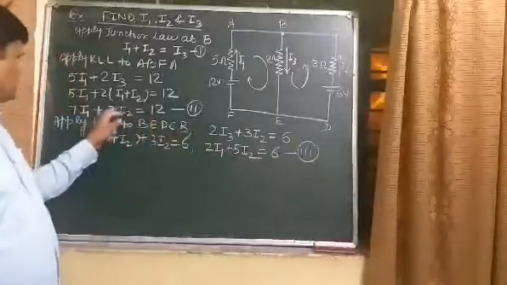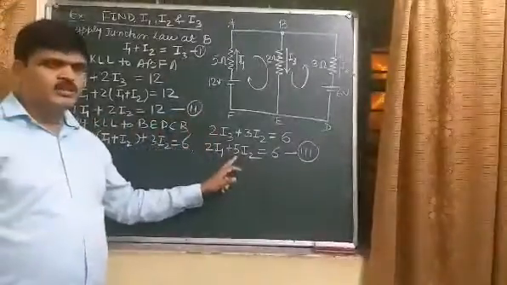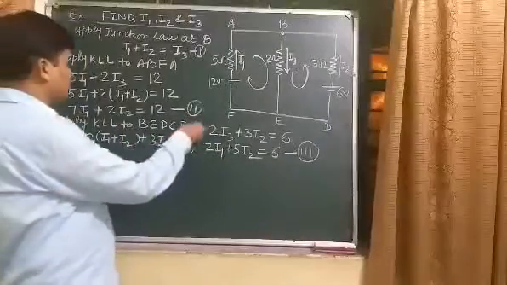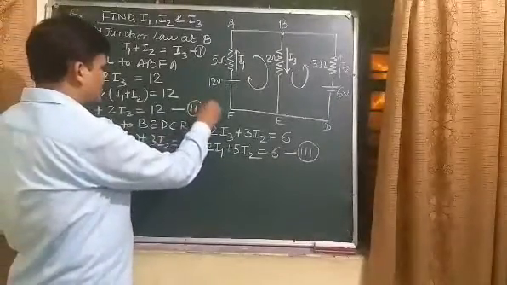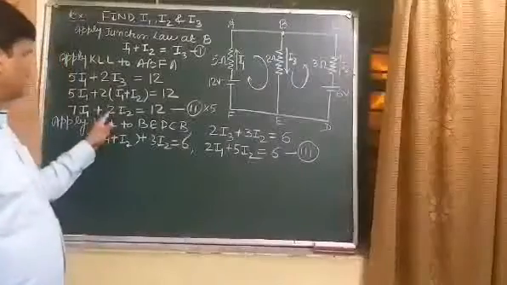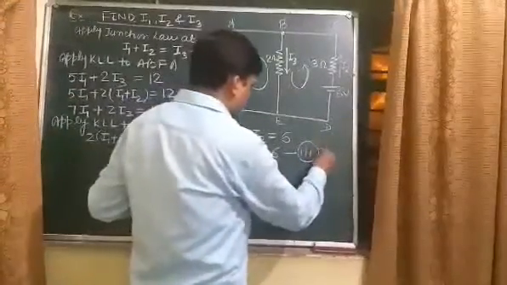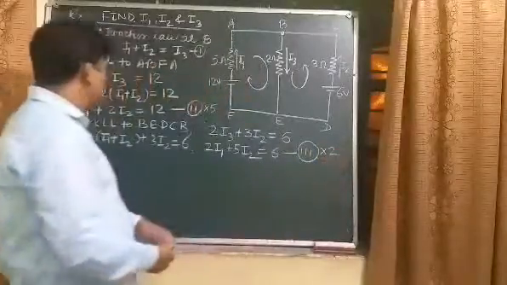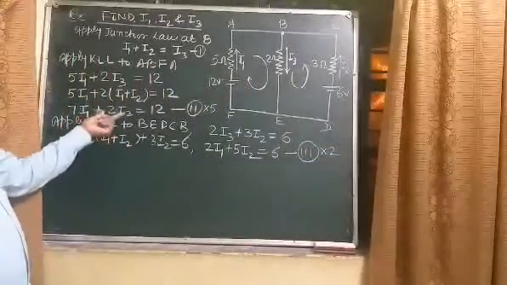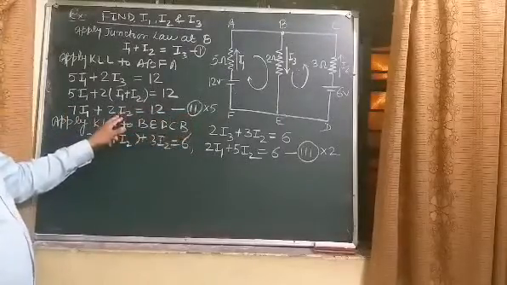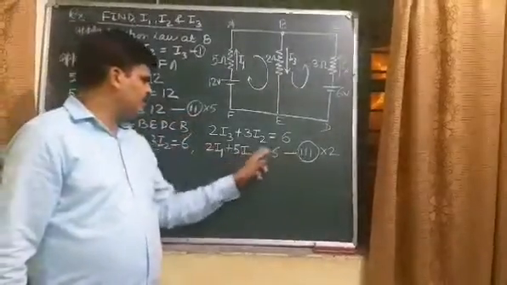So solving equation 2 and equation 3, to eliminate I2, multiplying equation 2 by 5 and multiplying equation 3 by 2.